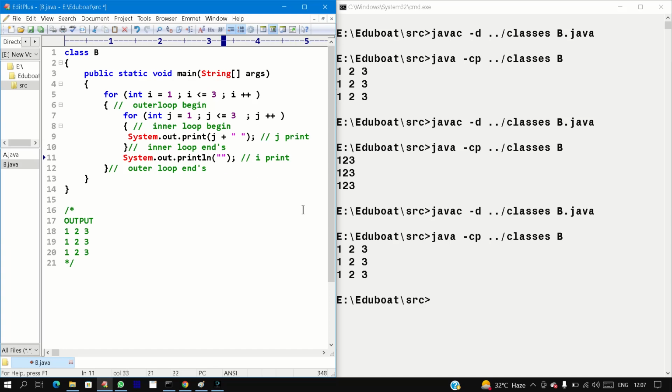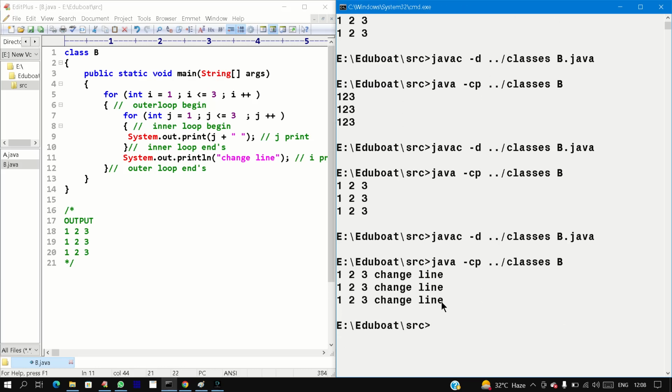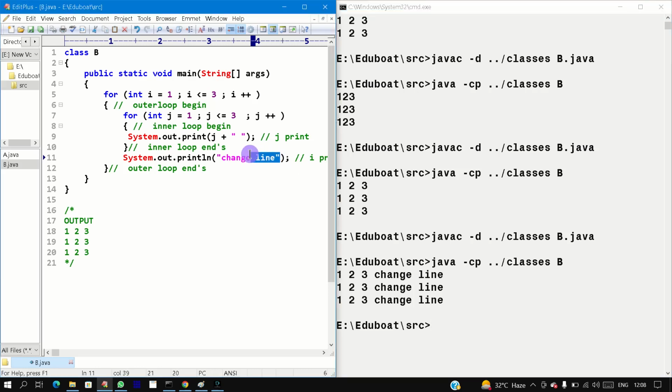Okay, if I write change line and save it and run it again, what are you able to observe? Previously nothing was written, and now we are getting 1 2 3, change line, 1 2 3, change line. This is how the program is working.